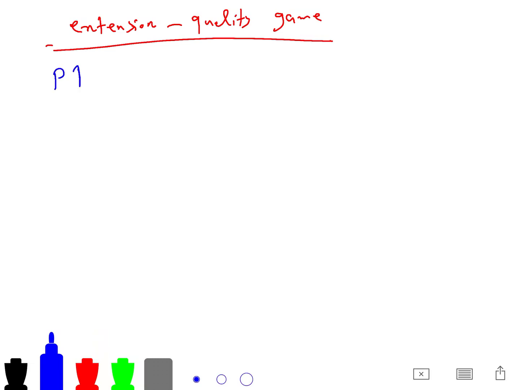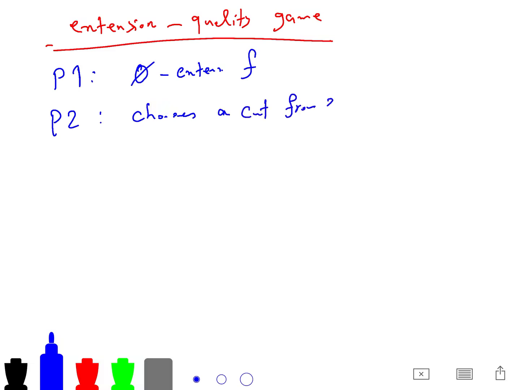So the extension player P1 chooses a zero extension, F. The quality player P2 chooses a cut A from 2 to the K. And K is a subset of, K is the terminals, a subset of your vertices.